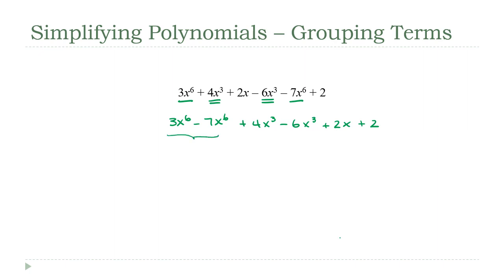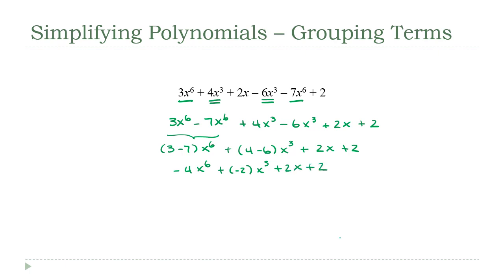So here, I can combine these terms together. This will be 3 minus 7 x to the 6th. And then I can combine the two together here, 4 minus 6 x to the 3rd plus 2x plus 2. And there we go. 3 minus 7 is negative 4, so that's negative 4x to the 6th. 4 minus 6 is negative 2, so this is plus negative 2x cubed plus 2x plus 2.